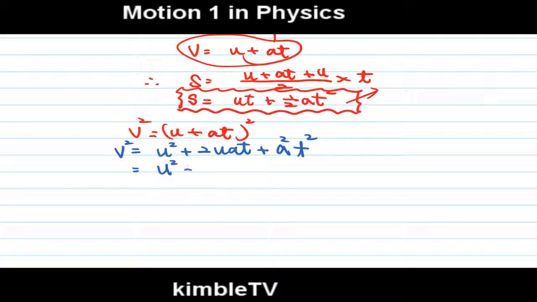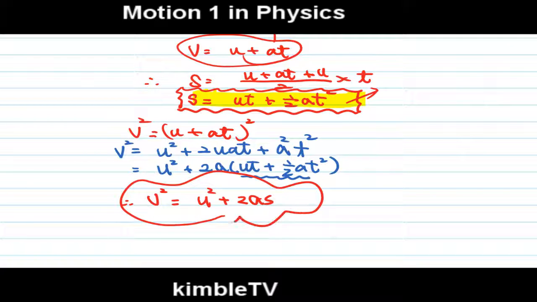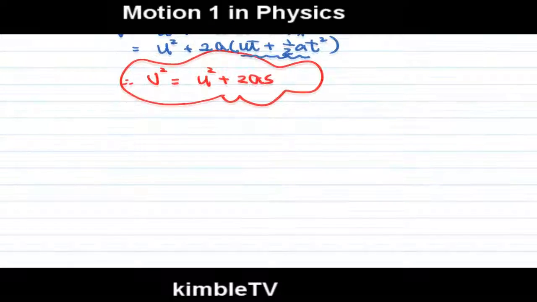And u squared plus 2a is common factor, take out 2a and (ut plus half at squared). This one is s. Therefore, v squared equals u squared plus 2as. We have got the final important formula.